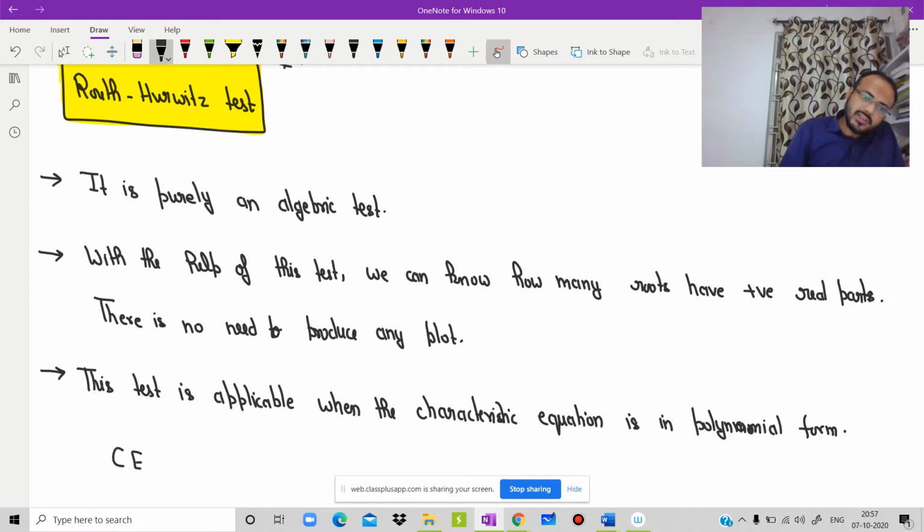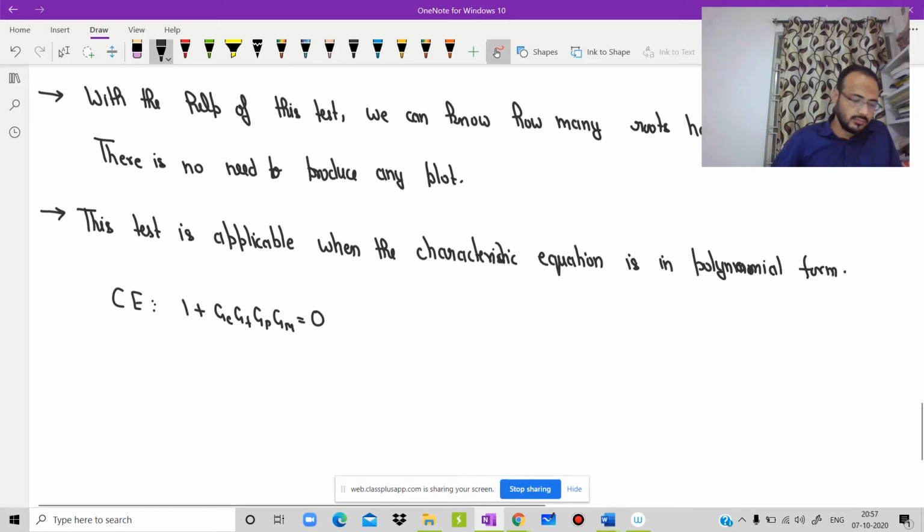For our characteristic equation we have 1 plus GC GP GF GM is equal to 0. Is it clear? If you have an equation with a first order plus dead time, then you are not able to apply it directly; you have to linearize it, otherwise we will not get that type of equation.